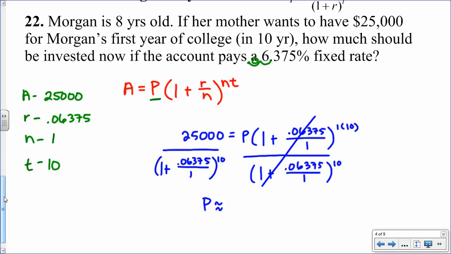To the 10th power. Okay. So I have 13,475 principal. That's money, right? What we're starting with. So I'm going to put a dollar sign and I'm going to round to 2 decimal places. 0.48.